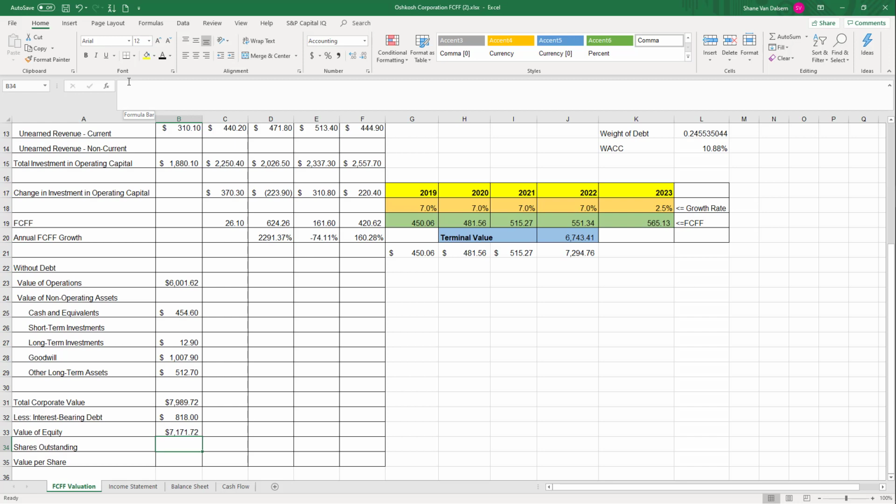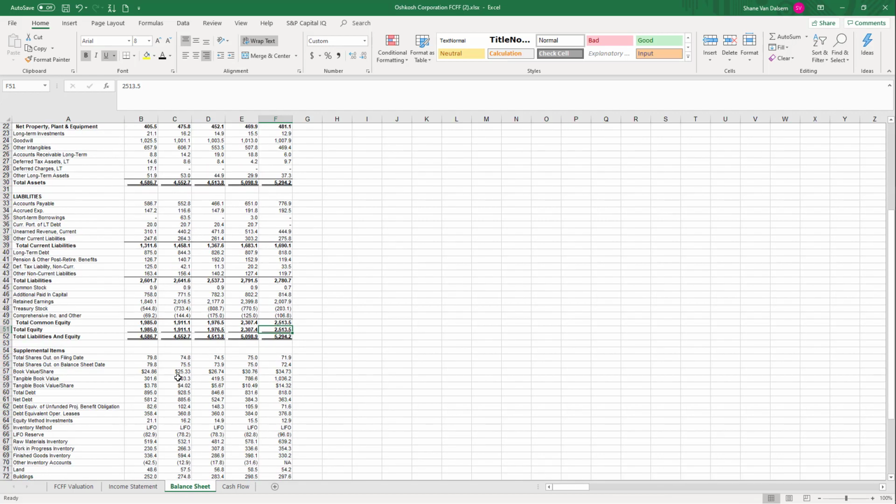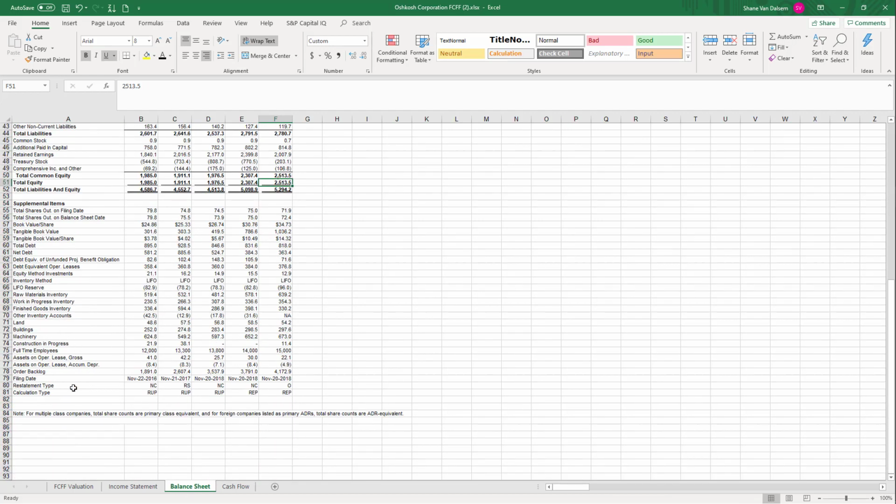The number of shares outstanding, we go to the income statement again. Actually, let's go to the balance sheet and look at the total shares outstanding on the filing date of 71.9.